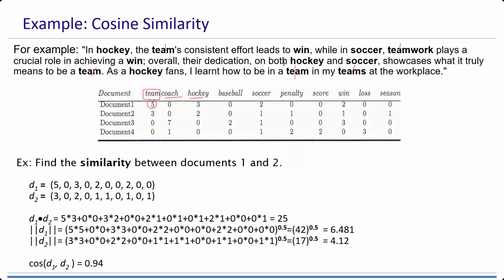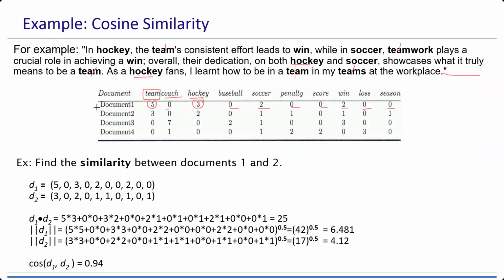Maybe this is only one, then two. Okay, there are two. Maybe this is wrong. So let's say we have three, and then we have two. We have win, two. The others are zero, zero, zero, zero, zero, zero, zero.